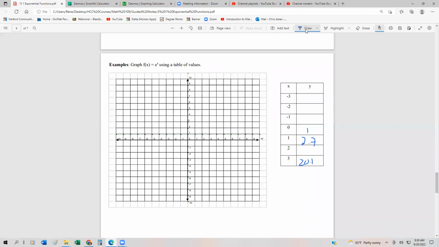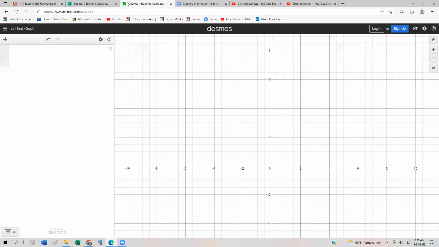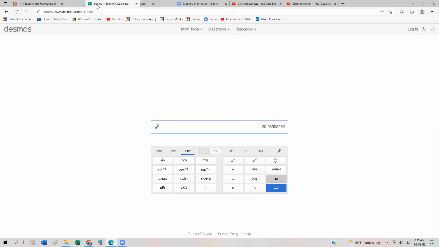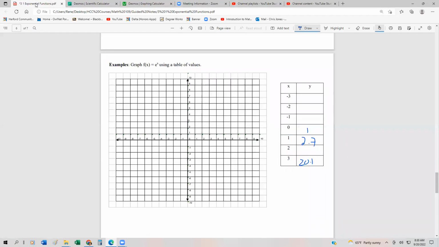That's 20.1. Now we're going to have to go back to our graphing calculators, or a scientific calculator, for the rest of these. So if we throw in e squared, that's 7.4.